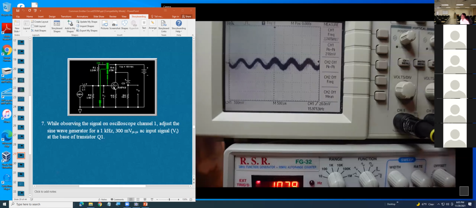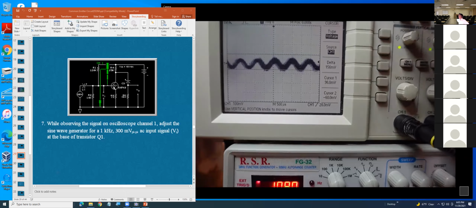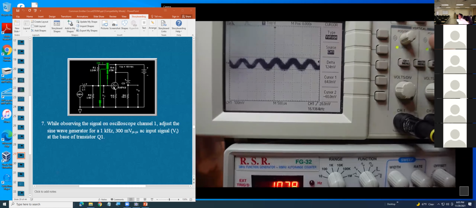Now, first thing, you press the cursor and it will measure the voltage. So you move one cursor to the top, and move the second one to the valley. What is delta? 64 millivolt.